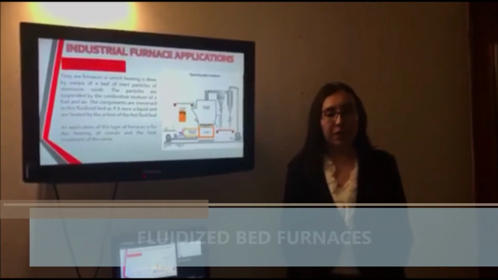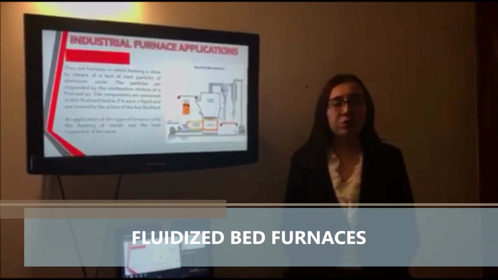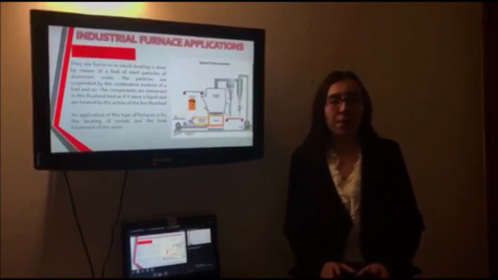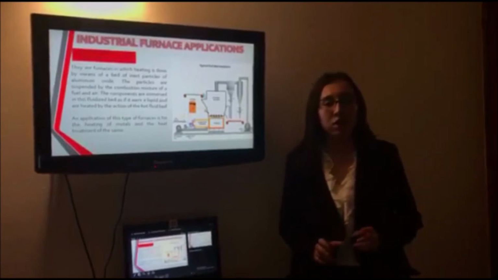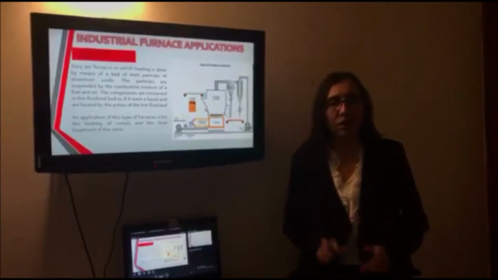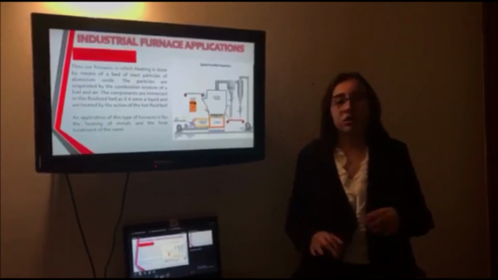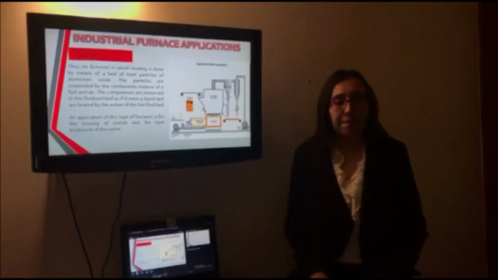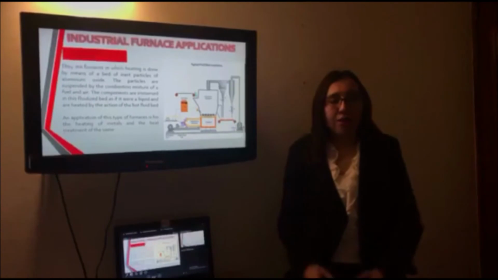Fluid bed furnace. They are furnaces in which heating is done by means of a bed of inert particles of aluminum oxide. The particles are suspended by the combustion mixture of fuel and air.